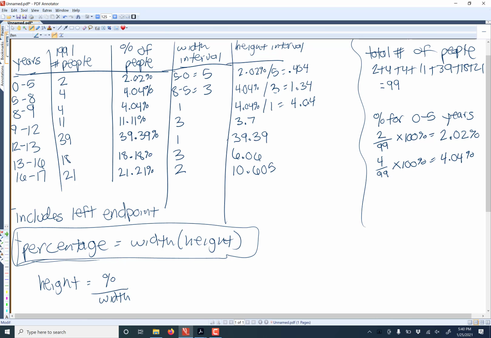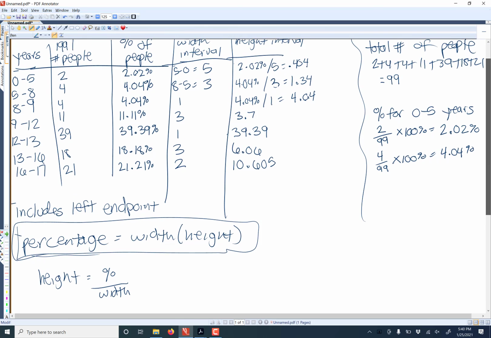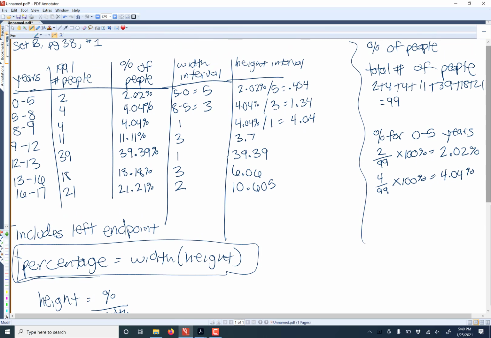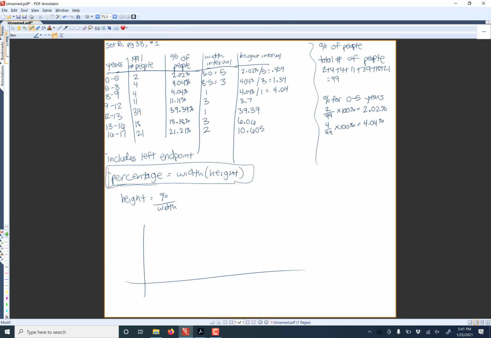Now we need to actually make our histogram. If I was to draw this, across the bottom, I'll put my years. Now for my vertical axis, this is important. It will always be on the exams because our department really stresses it. The correct thing should always be the percentage per whatever your unit is for your x-axis. So if we did years here, it would be percentage per year.